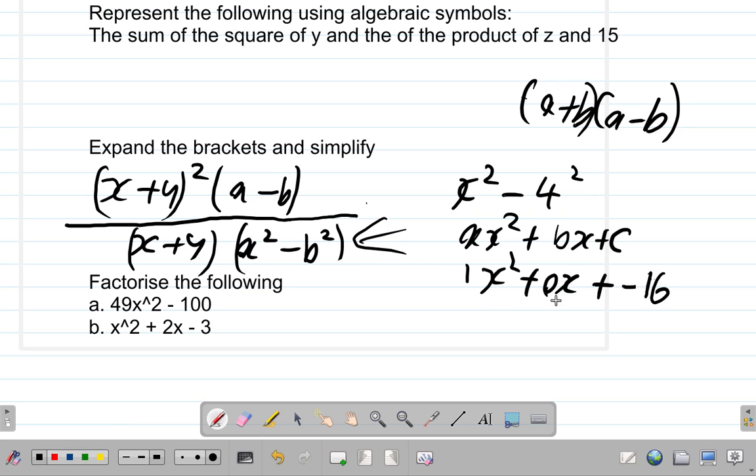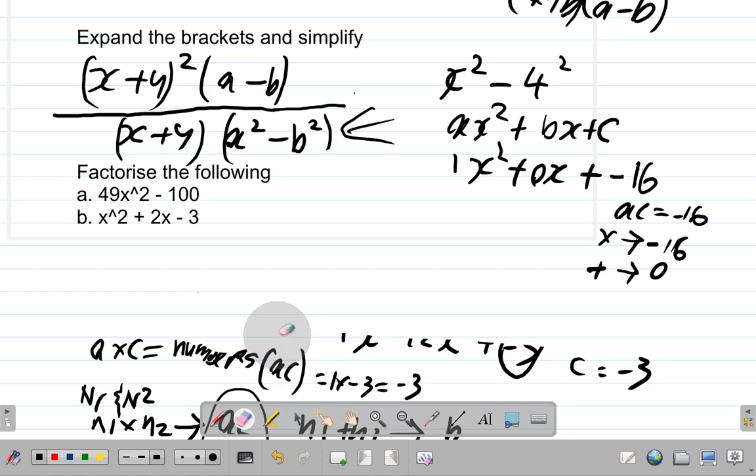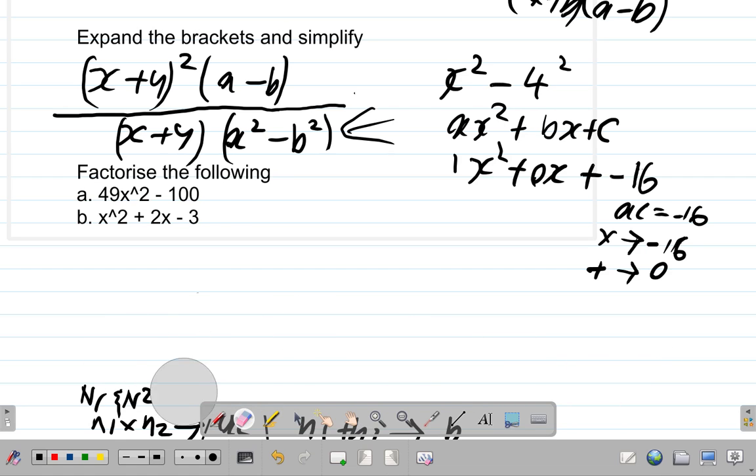So what you have here is AC equal to negative 16, because 1 times negative 16 gives negative 16. We need two numbers that multiply to give negative 16, and they add to give what? To give 0. B is 0. So if you remember your AC method, you remember that.